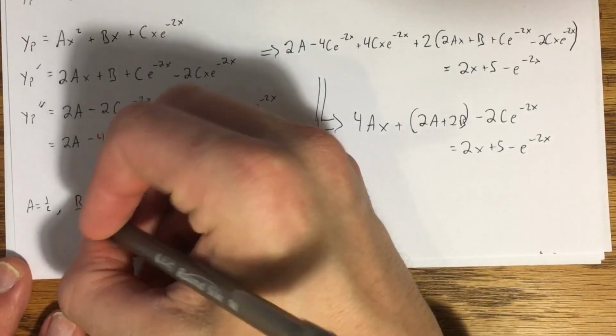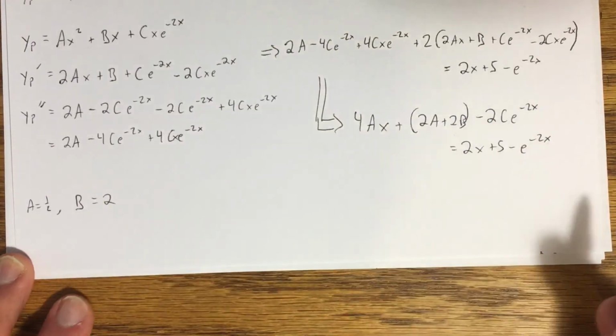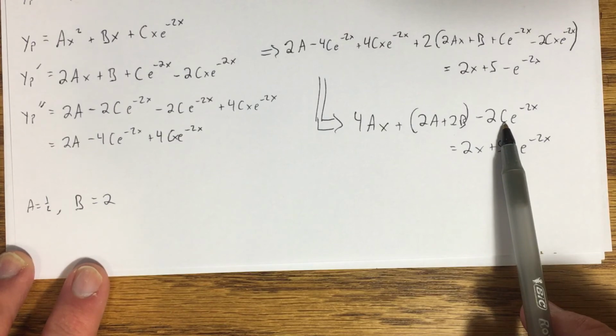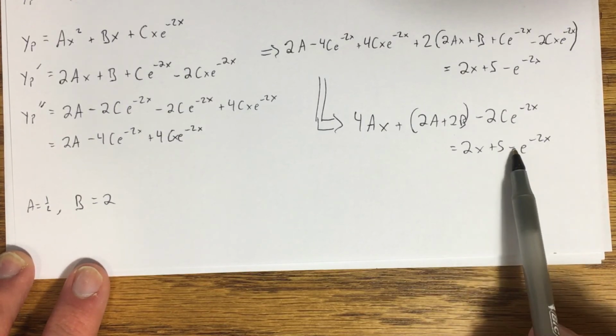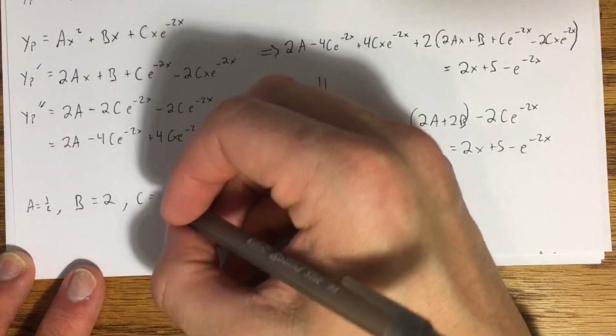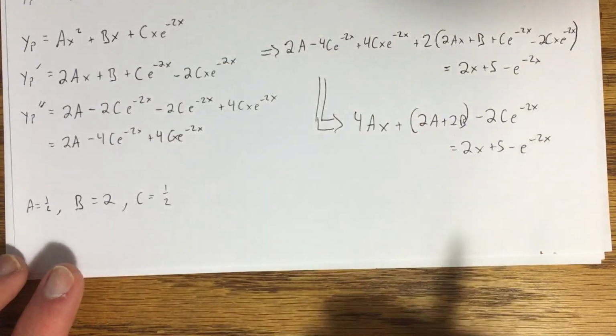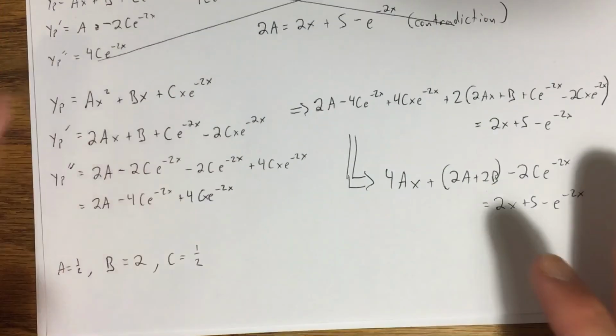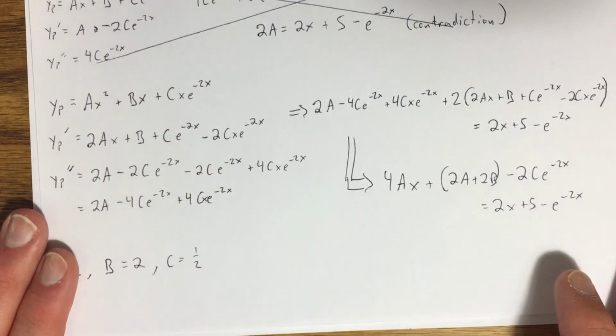So b is going to equal 2. Finally, I can see that c would have to equal 1/2, because the negative 2 times 1/2 gives me the negative 1 that I need for that coefficient. c equals 1/2. And so now, notice I didn't run into any issues with contradictions or anything like that.